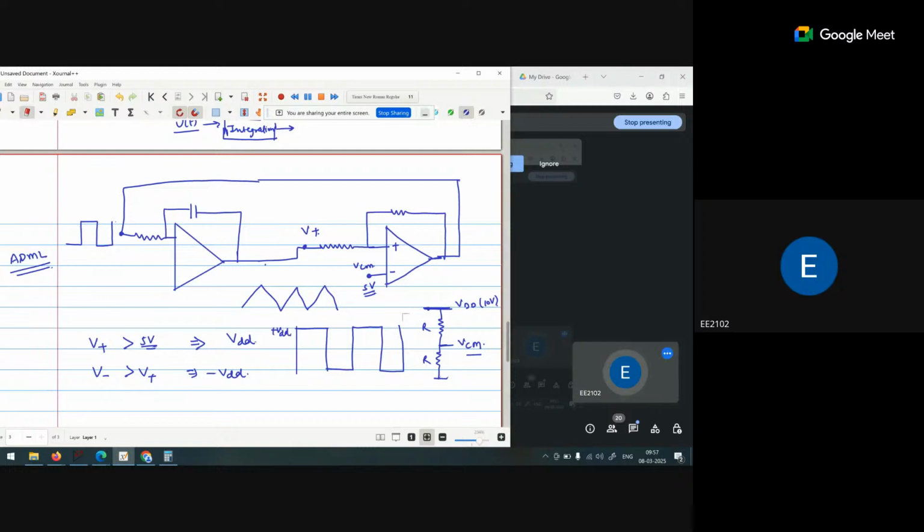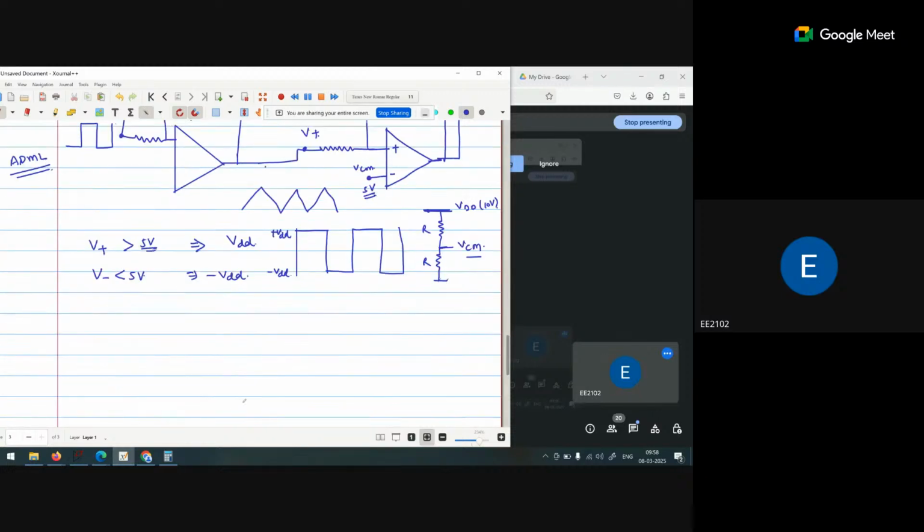And if V positive is less than 5 volt, we get minus VDD. Now what is the V plus voltage? The V plus voltage is basically a ramp signal.